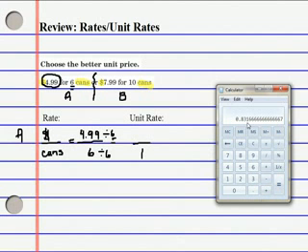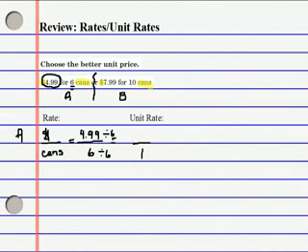Is it going to stay at 83 or go up to 84 cents? Since the digit in the thousandths place is below 5, I'm going to keep it at 83 cents. So for 1 can of Diet Coke, I'll pay 83 cents, or 83 cents per can.